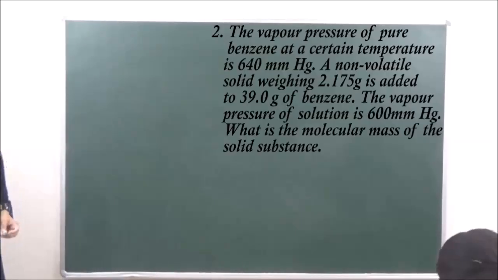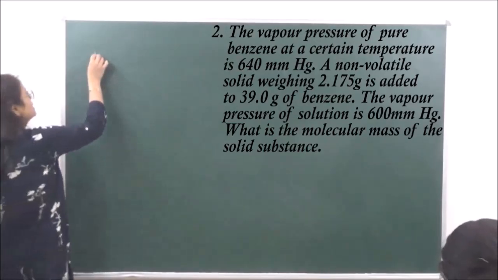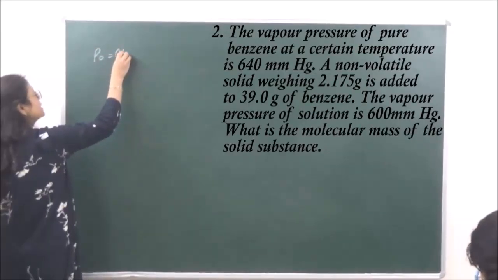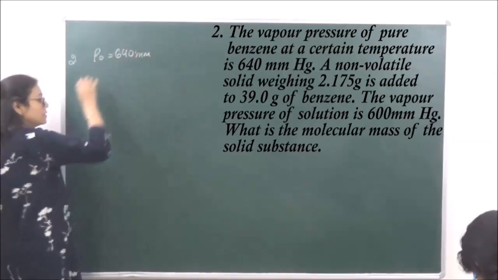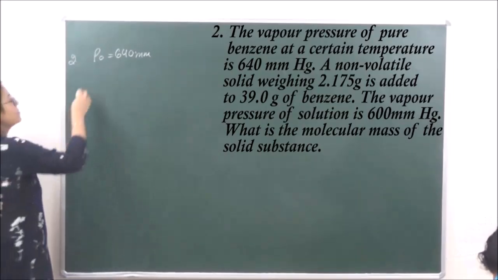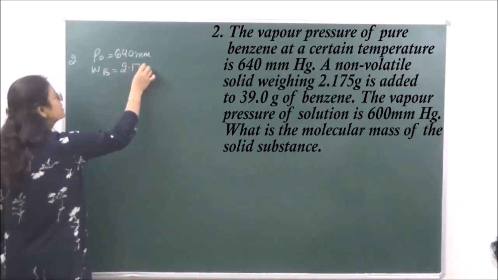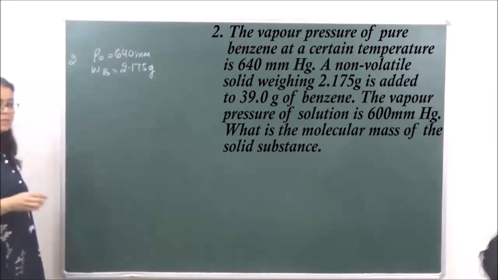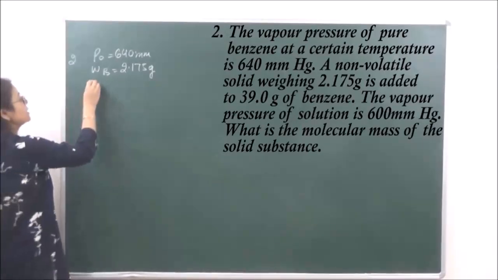Okay. So let's go on to the second question. The second question is the vapor pressure of pure benzene at a certain temperature is 640. So they have given us P naught as 640 mm. Right? A non-volatile solute weighing 2.175 grams, WB is 2.175 grams, is added to 39 grams of benzene.